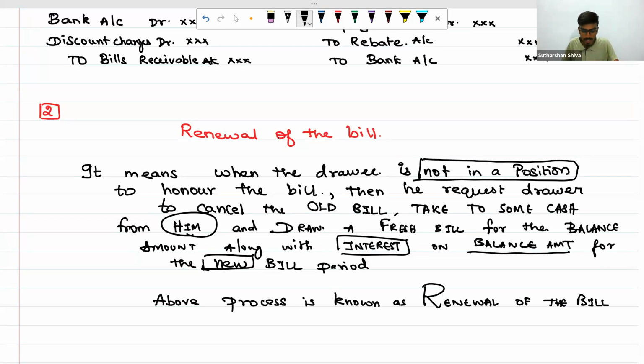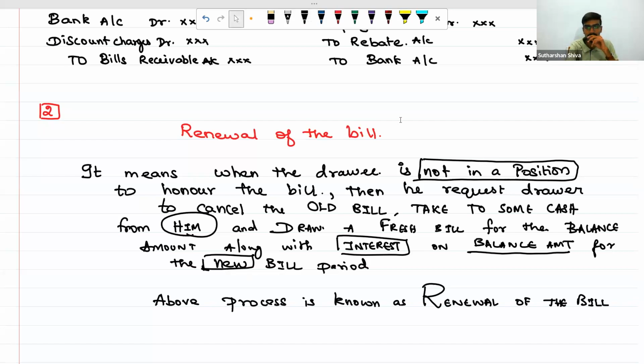Are you able to understand what is the difference between retirement of the bill and renewal of the bill? Understood? Everybody understood? Shall we go to another interesting area?